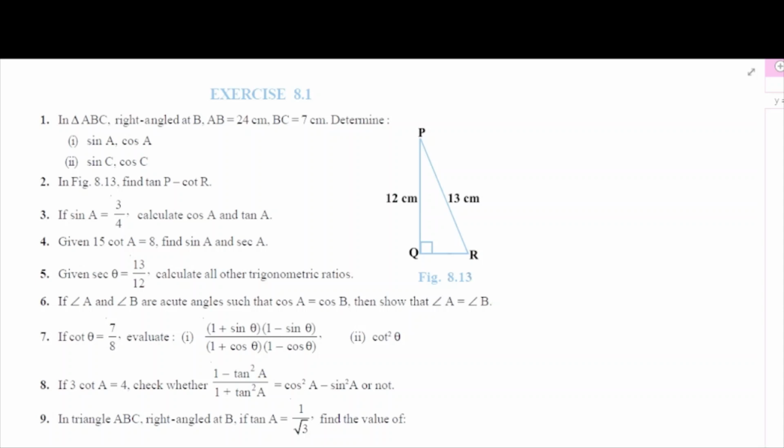in triangle ABC is a right angle triangle at B. AB is given as 24 centimeter, BC 7 centimeter. We have to find the value of sine A and cos A. So first let us draw one triangle. It's a right angle triangle.